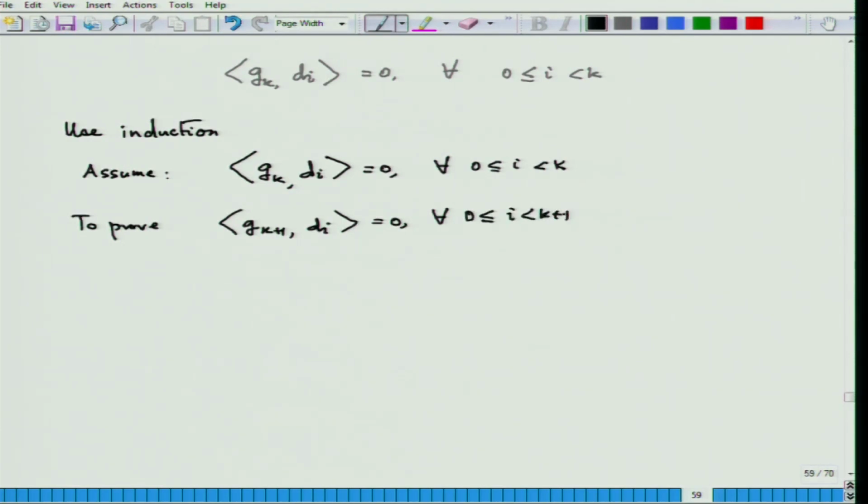So that is exactly what we have to do. We have assumed this, so now let us start working it out. Let us observe this fact.